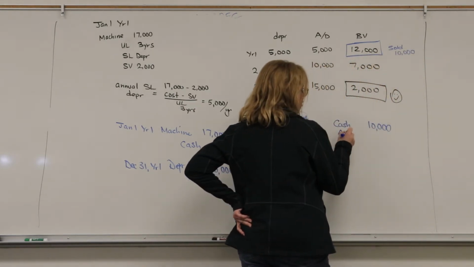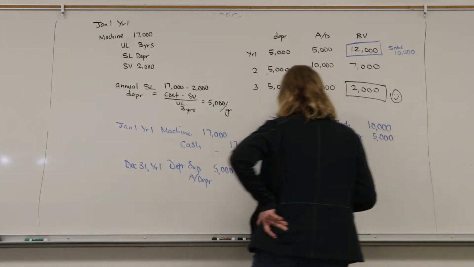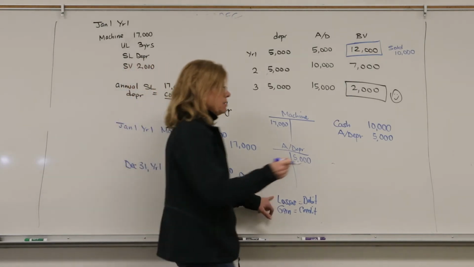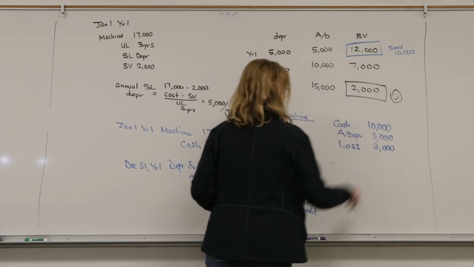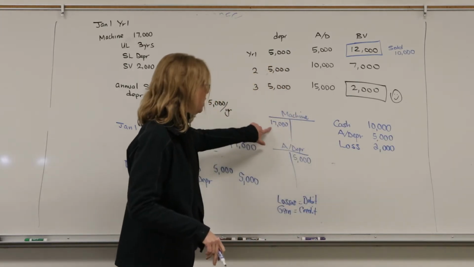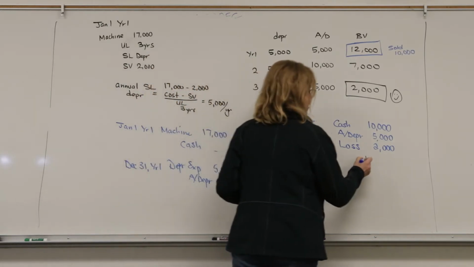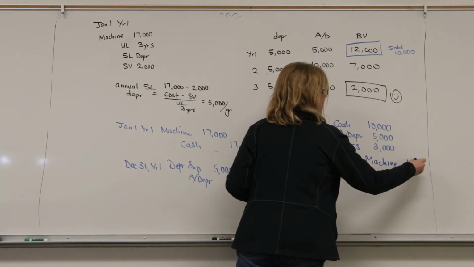So I'm going to debit accumulated depreciation, $5,000. You told me we have a loss of $2,000. Losses are debits. And then I've got this machine, and it needs to come off the books too. It has a debit balance of $17,000. To make it disappear, I need to credit it $17,000.